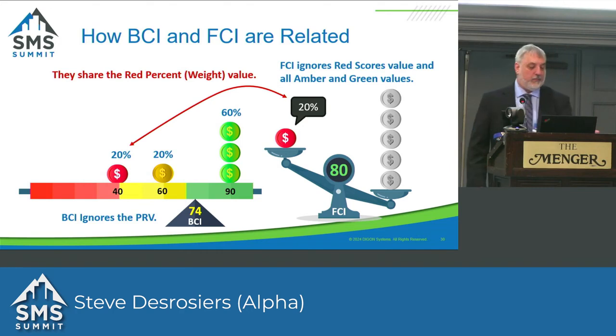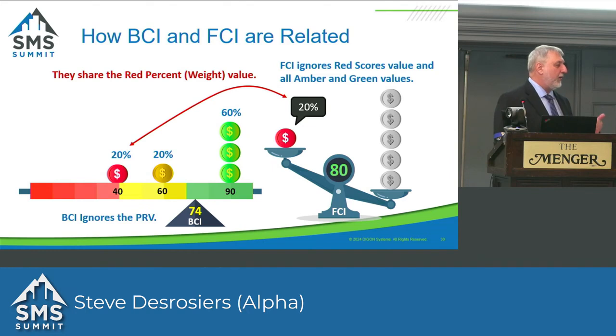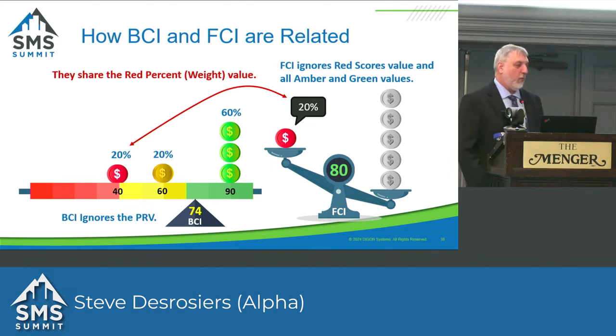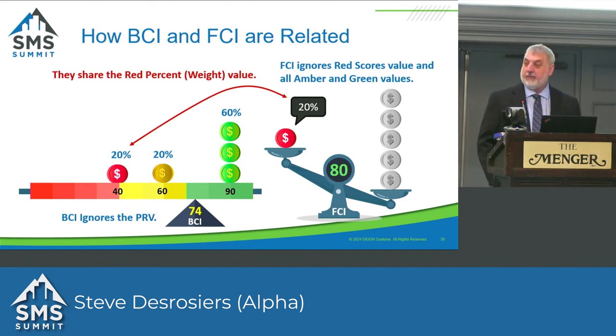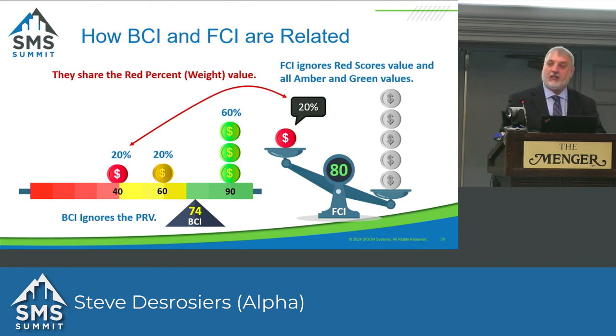So you notice BCI doesn't care what the CRV is. FCI doesn't care whether your other coins are in yellow or green, where they are, it doesn't care. And again, with both of them, you can't tell what sections of your building are fixing to fail, if any, and what the consequences of them failing are.